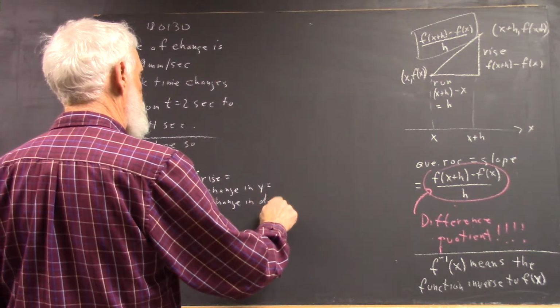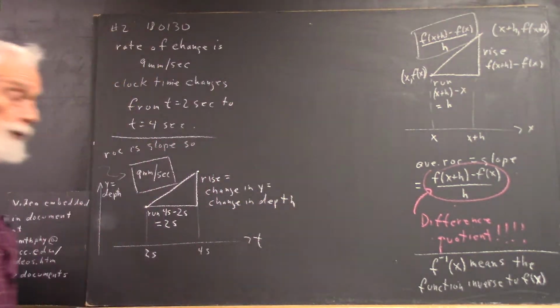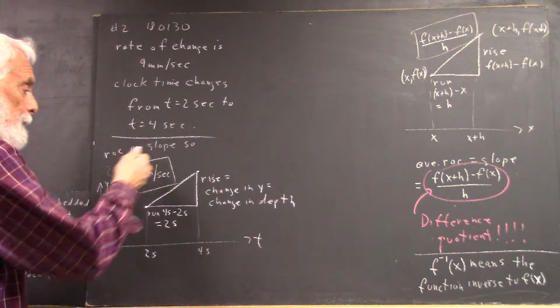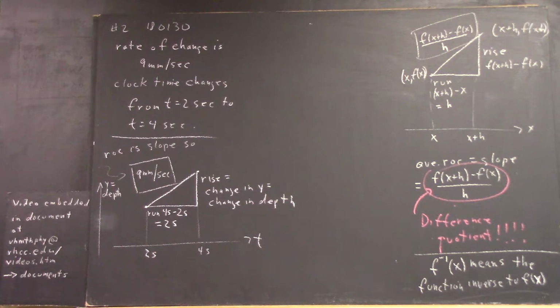So that's the change in y, and that's the change in the depth, isn't it? I was making that a little harder than it needed to be. If you're totally oriented to the graph and understand what the graph is telling you, you have this simple picture that answers the question.